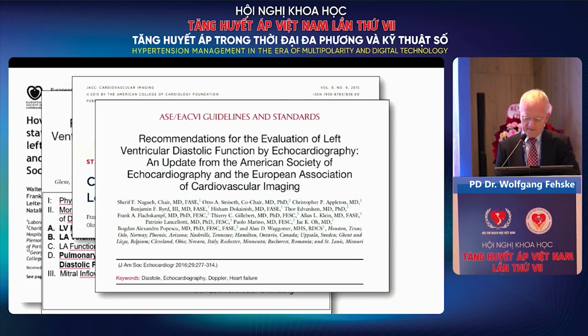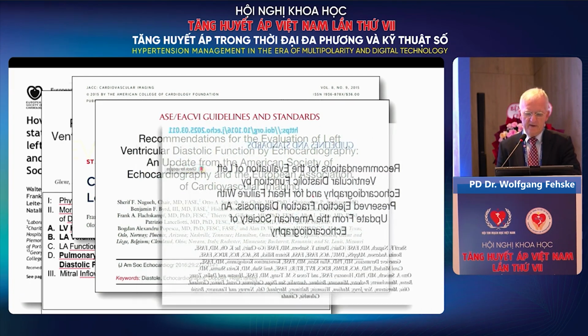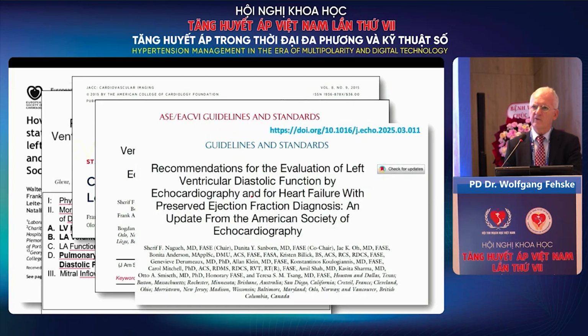This was not the last paper, but this was finished by the guidelines which were published in 2016. We recognize all the same authors, and then this is the newest publication just now.